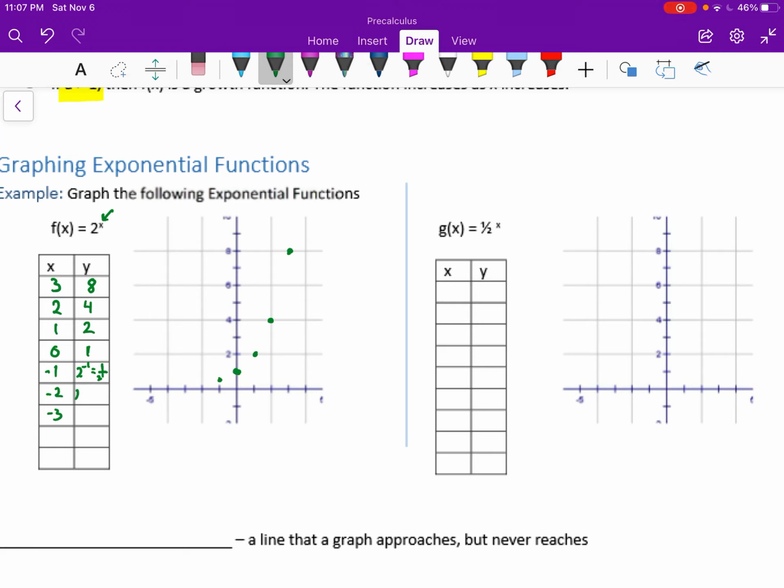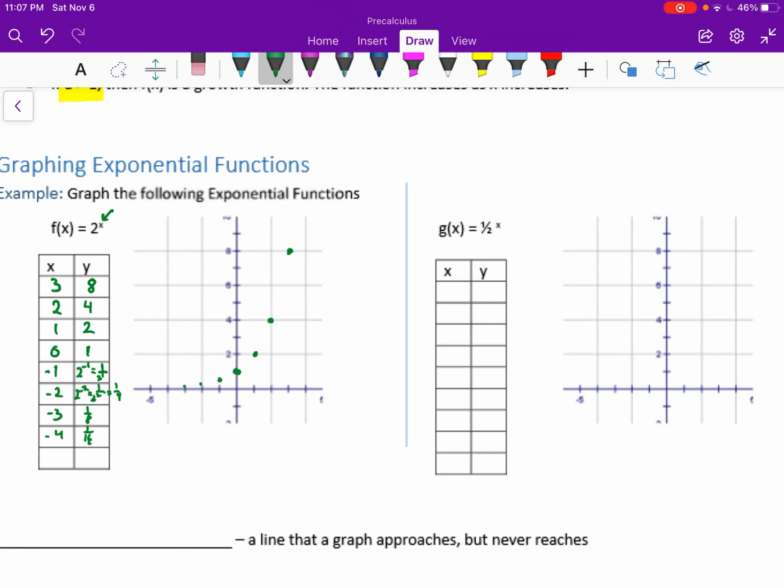When x is negative 2, that's going to be 1 over 2 squared, which is 1/4. When we put in a negative 3, that's going to be 1/8. And no matter what negative we put in, it will keep getting smaller, but it will not ever reach 0.